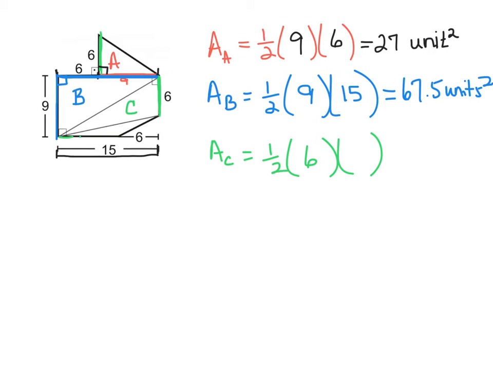This is going to be my height right here, and we know that is 15 units long. So for the area of triangle C, 1/2, 6 times 15, which is 45 units squared. And again, we only are squaring the units.